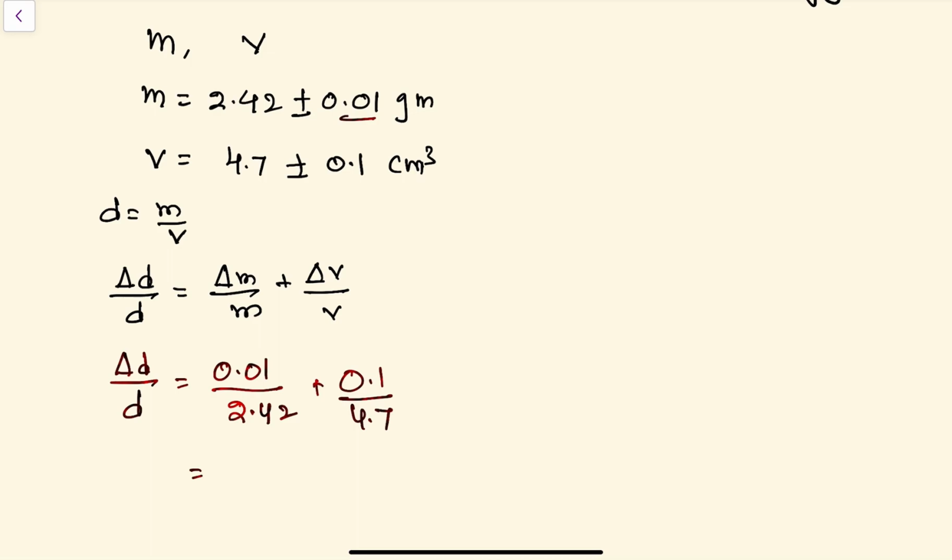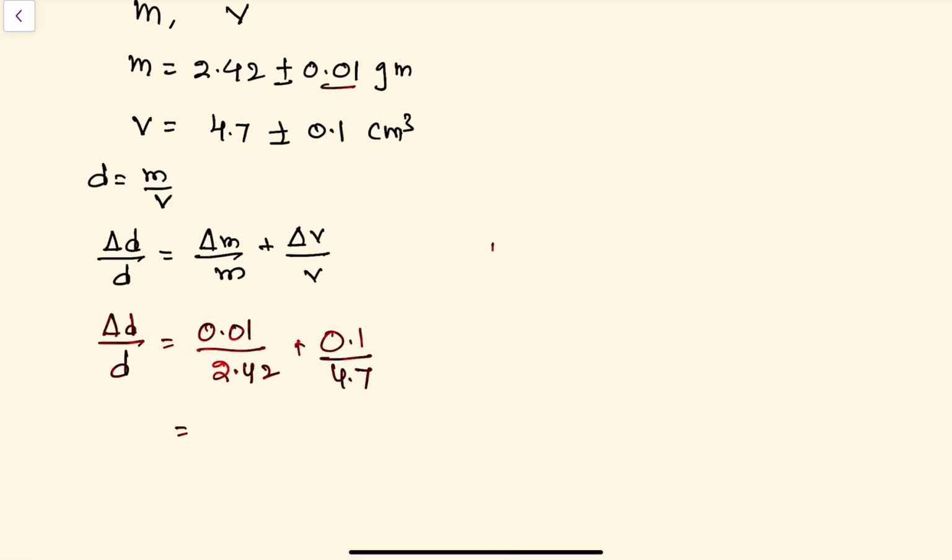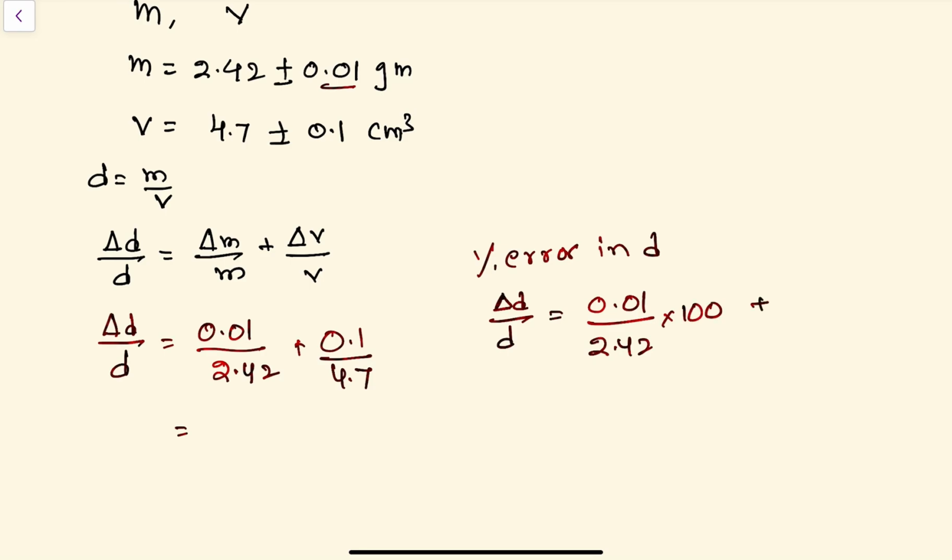What is the percentage error? Percentage error in D: delta D by D is equal to 0.01 by 2.42 into 100 plus 0.1 by 4.7 into 100.